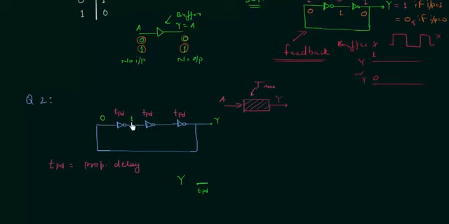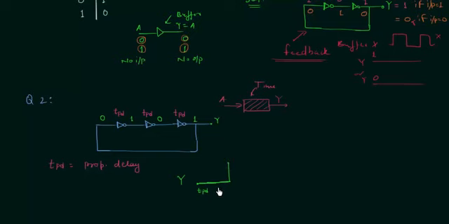Alright, now this 1 is acting as the input to this NOT gate, so the output is going to be 0. So for the next T_PD also we will have Y equals 0, right? And the 0 is acting as the input to this NOT gate, and we'll have 1. So after the third T_PD, the output will be 1.